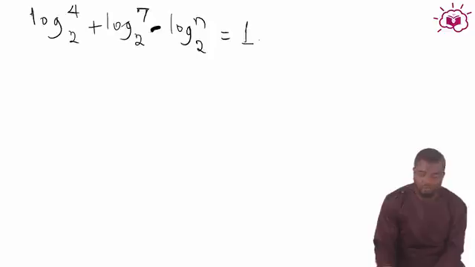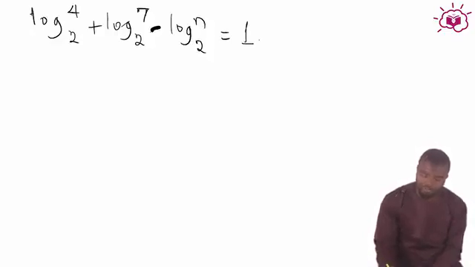So the next question is to find n if log 4 base 2 plus log 7 base 2 minus log n base 2 is equal to 1. This is a JAMB question. Here, we can combine the logs that don't have n.